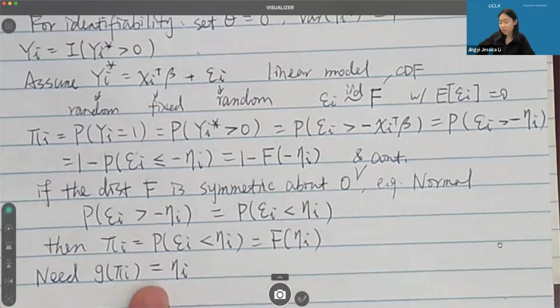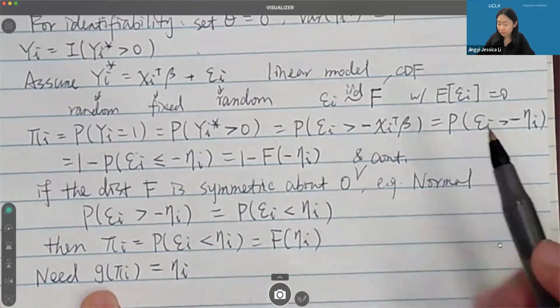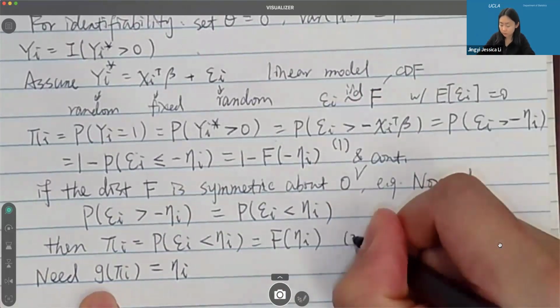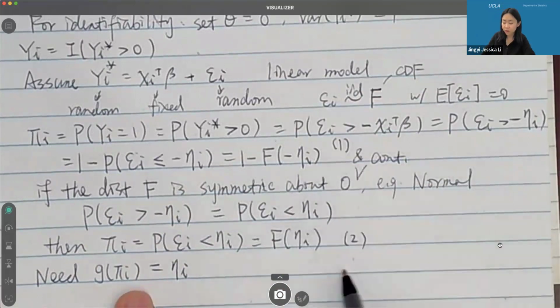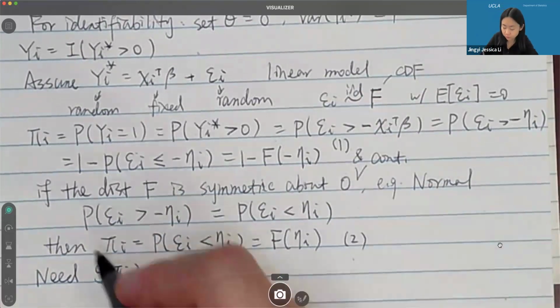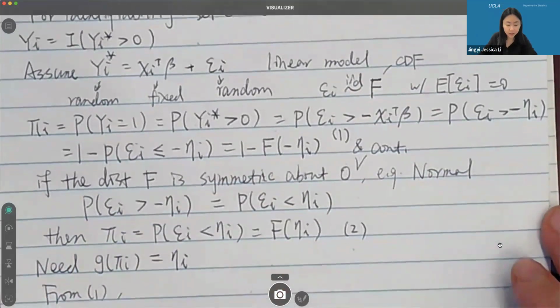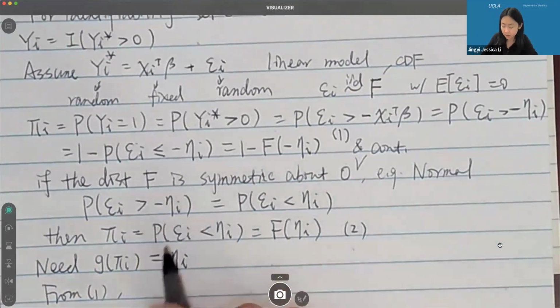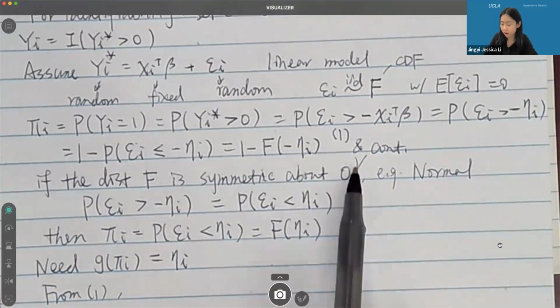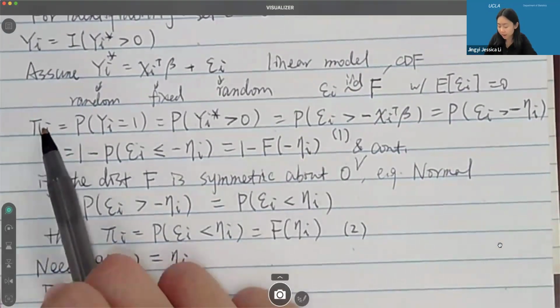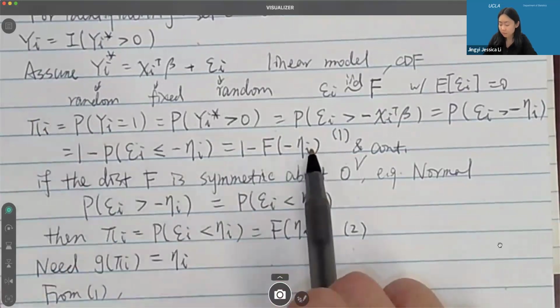So then this formulation, if I label it 1 or 2, gives me a way to find G. From 1, I just solve for it.